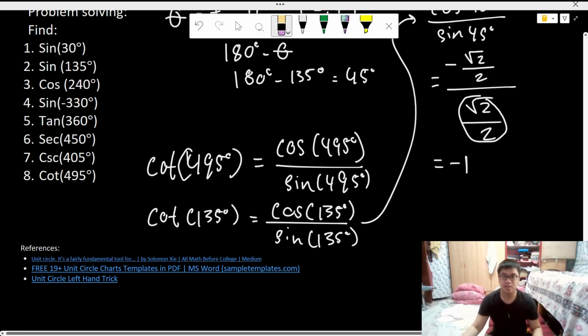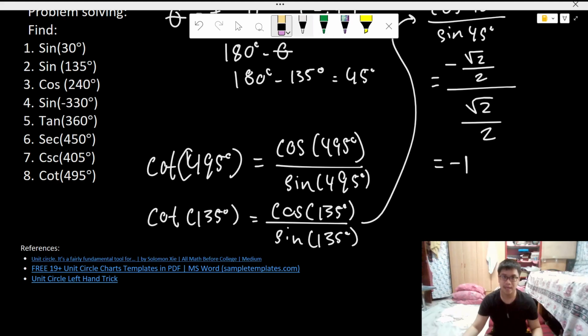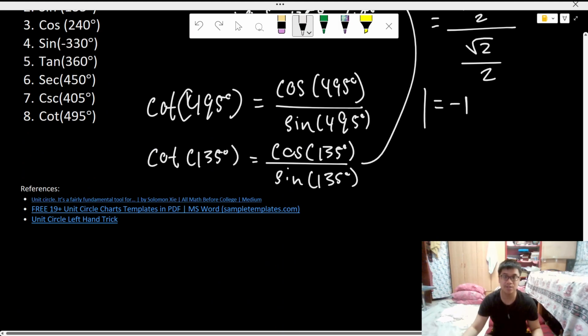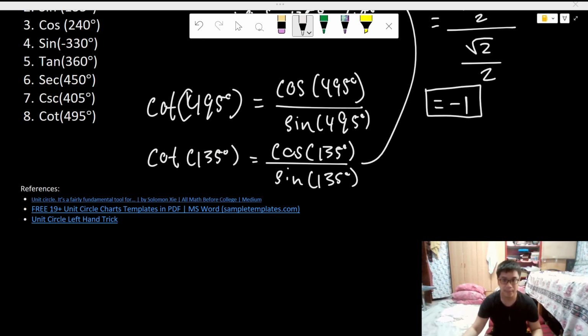So if you divide the numerator by the denominator, but the numerator is negative, despite that they're the same, the answer is negative 1. All right? So cotangent of 495 degrees is negative 1.